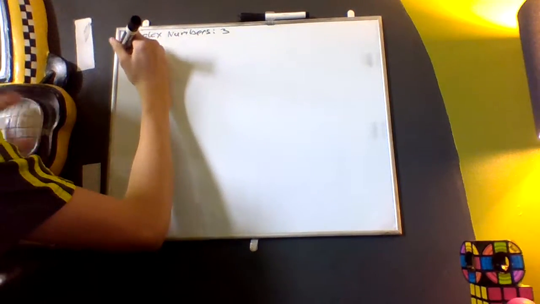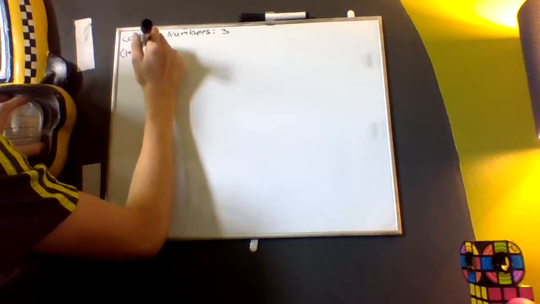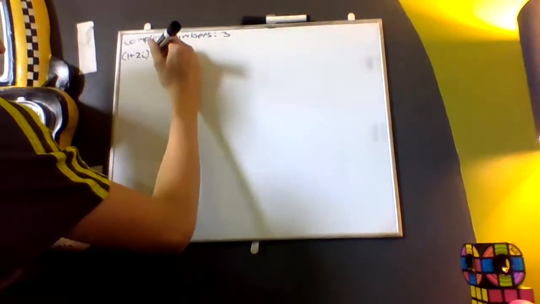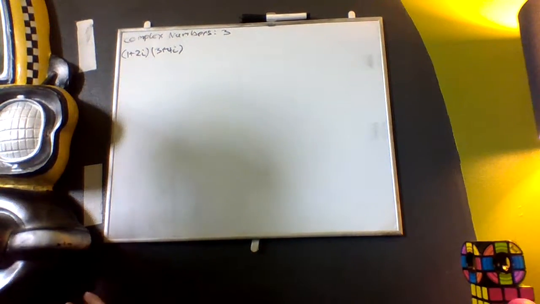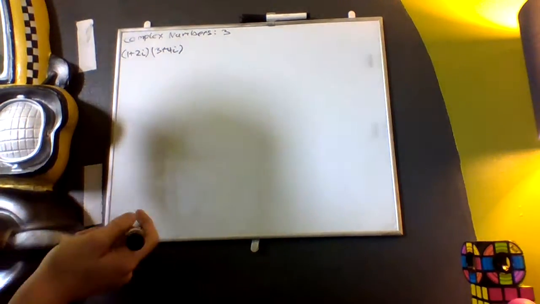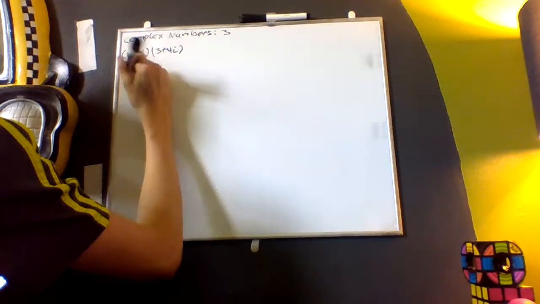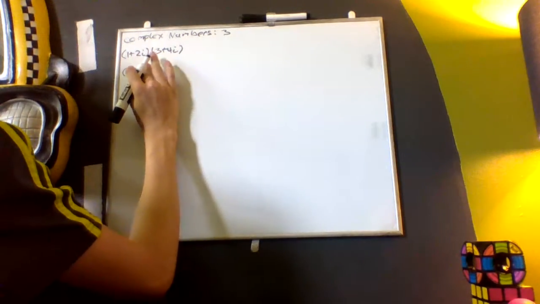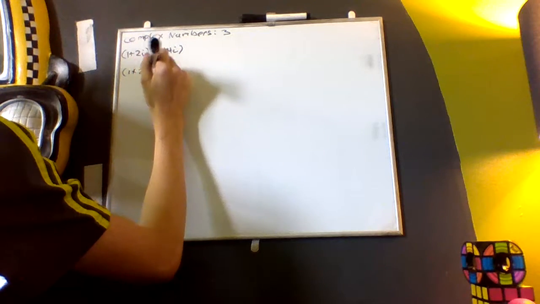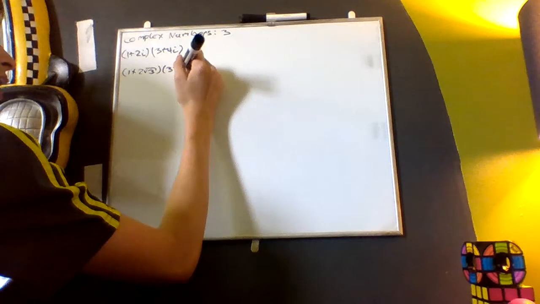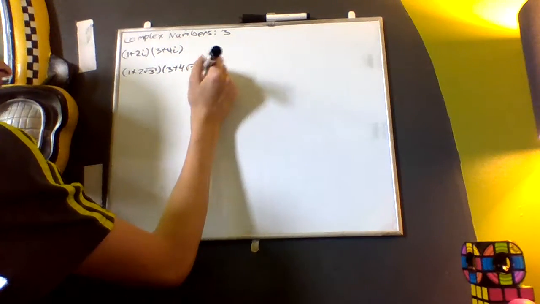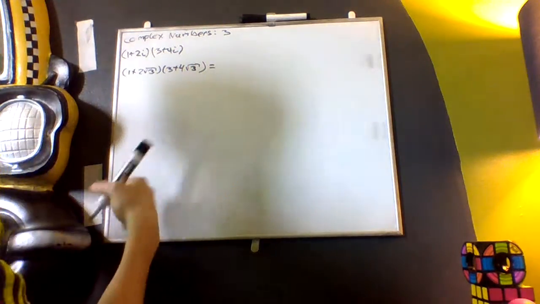Okay, so if I have 1 plus 2i, and I'm multiplying that by 3 plus 4i, what will I get? Well, remember how Mr. Lawrence said that radicals behave as variables. So let's see what this is the same thing as.